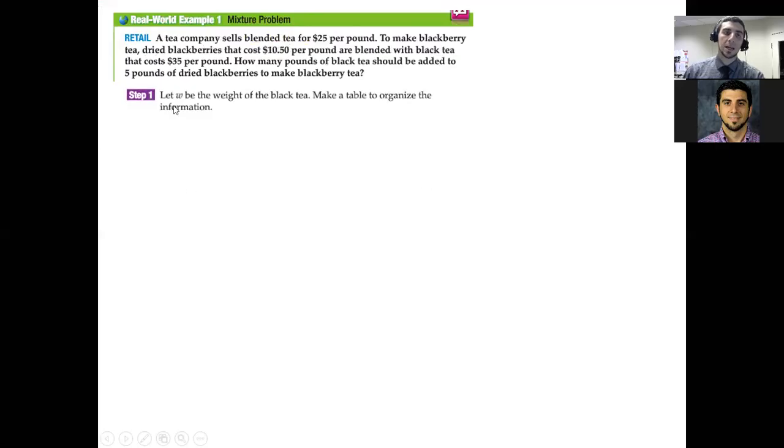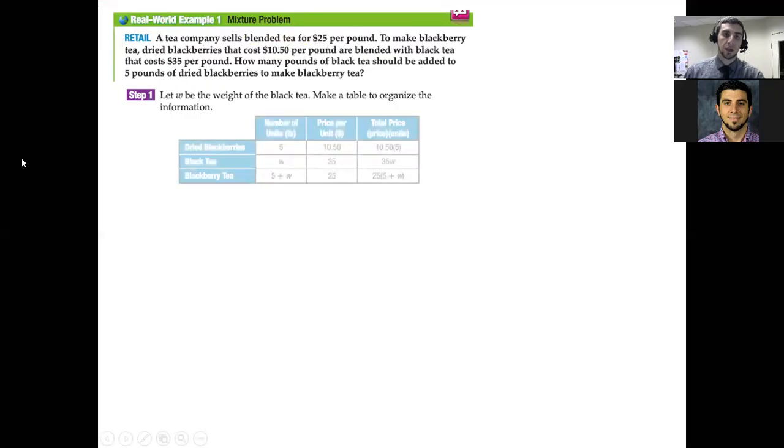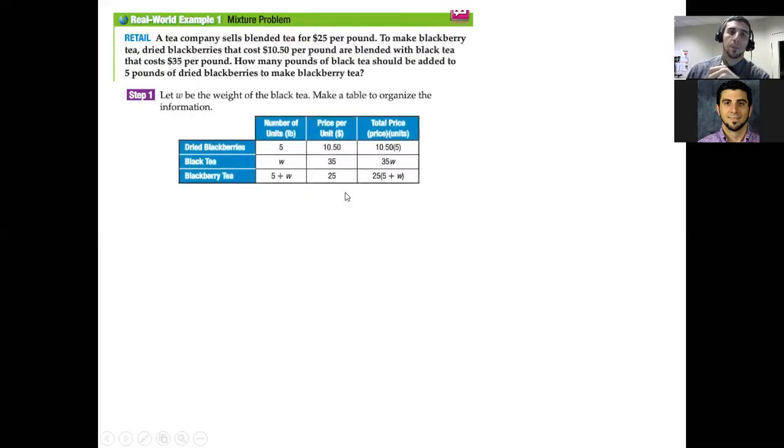Let W be the weight of the black tea, because it says how many pounds of black tea should be added. We don't know, so that's where the variable comes in. So let's make a table to organize. There are 3 things involved here: the number of units, or the number of pounds of each kind of tea, the price for each pound, and the total price. We have dried blackberries, black tea, and blackberry tea.